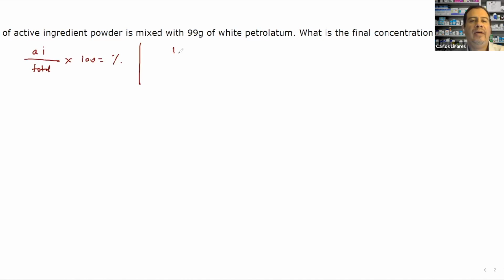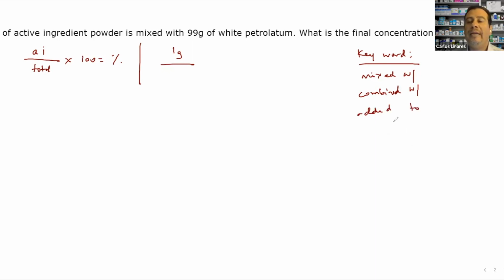What is my amount of active ingredient here? 1 gram of active ingredient is mixed with. So keywords I want you to keep in mind, keywords that tell you exactly what to do, which is to add or not: mixed with, combined with, added to, or added with.